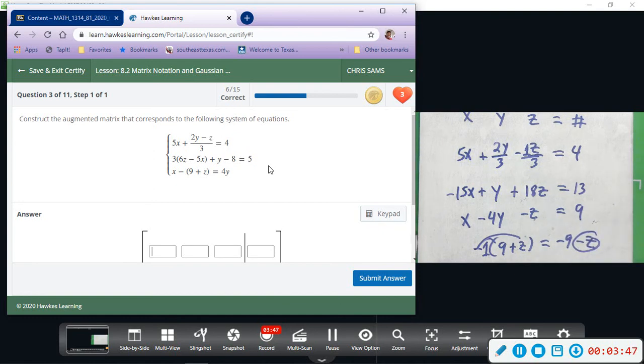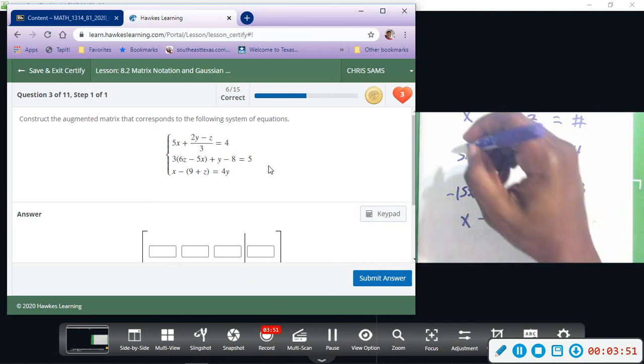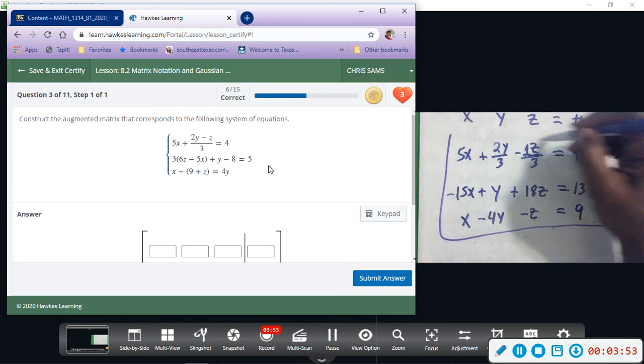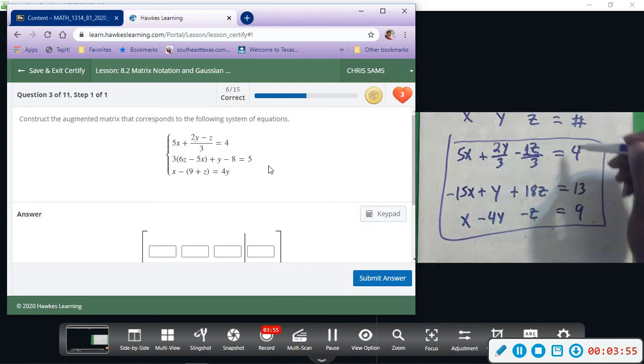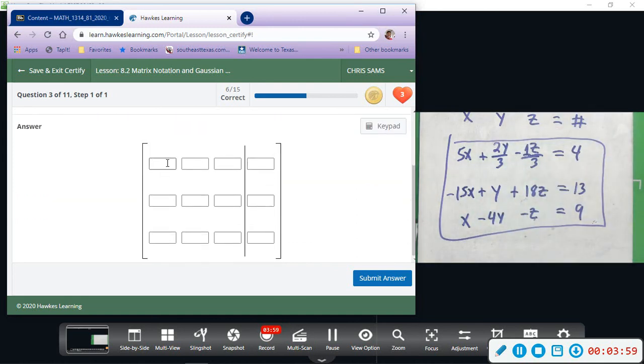Okay, so this is what we end up with, and we're going to just plug in the numbers, not the letters, not the variables, into our matrix. And this is how we set it up. So this will be 5, and then we will have 2 over 3 for the y, and then a negative 1 over 3, and then we have 4.